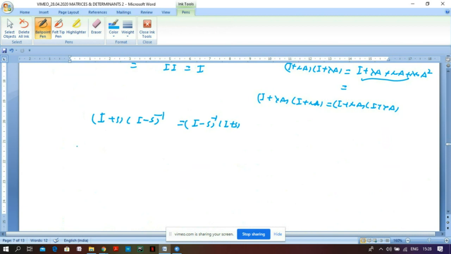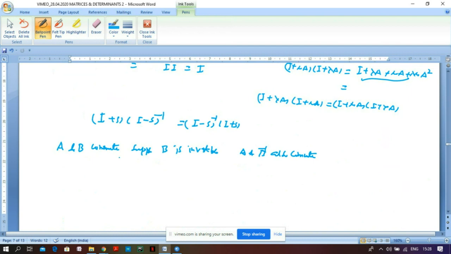So it's again the same thing: A and B commute, and suppose B is invertible. Then we will know that A and B inverse also commute.